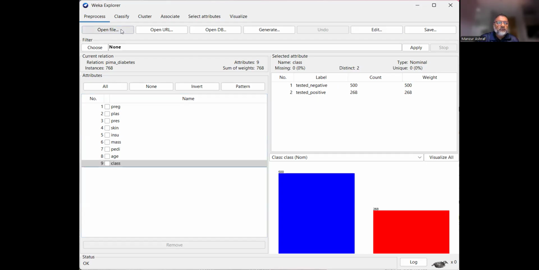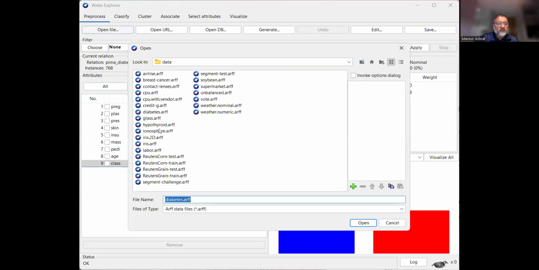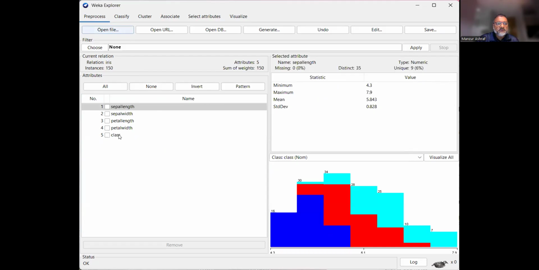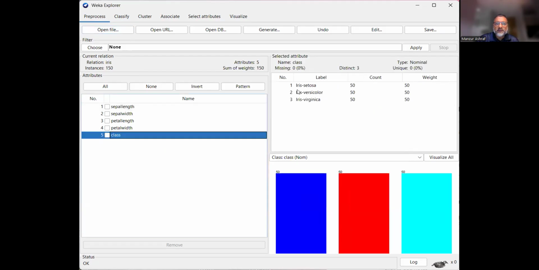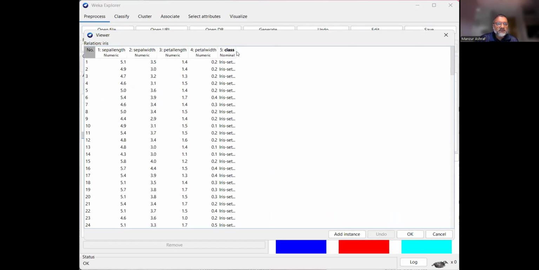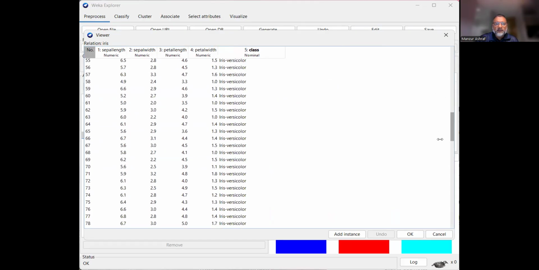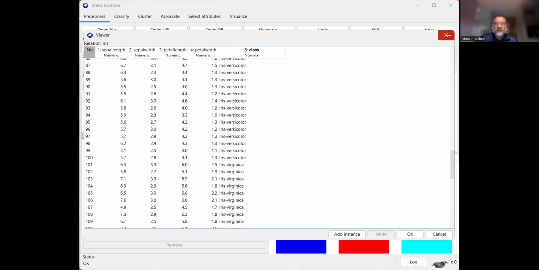Okay. Now, if we look at another example, for example, say the iris data set. Again, if you look at the class, there are three types of classes, right? And if we look at the data, there are three types of flowers, three species of flowers. One is iris setosa, based on this particular length of sepal and petal, and the other types are possible.